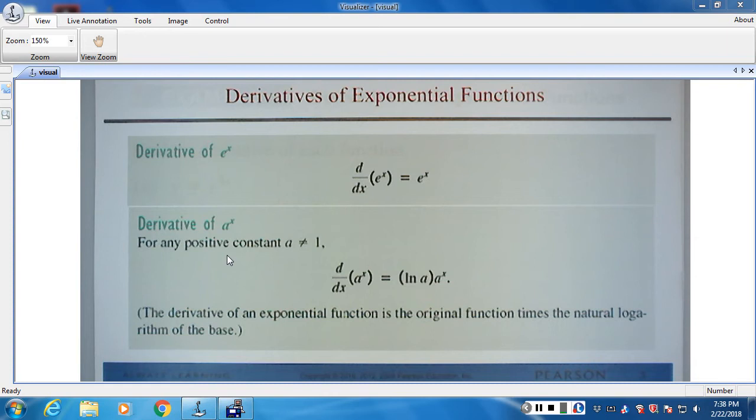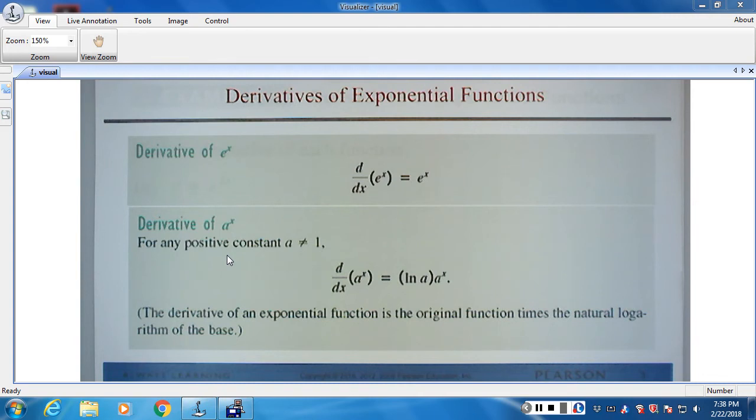So you don't do power rule on these. When the variable is the power, you have what's called an exponential expression. So you don't subtract 1 from the variable and drop the variable down in front. Don't confuse it with power rule. As long as you don't confuse this with power rule, you're going to be fine. Because the rules themselves are actually really easy.